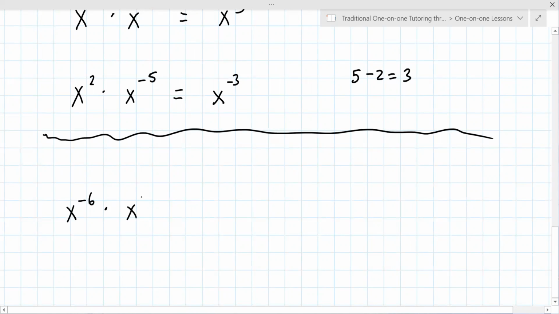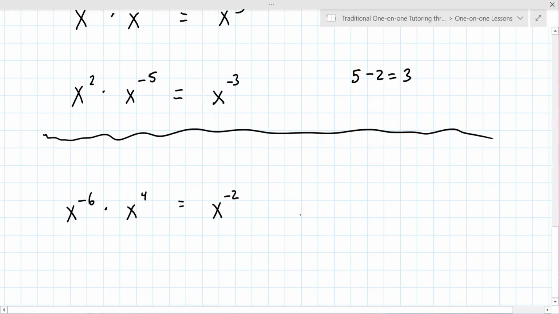So x to the -6 times x to the 4th. x to the -2 squared.